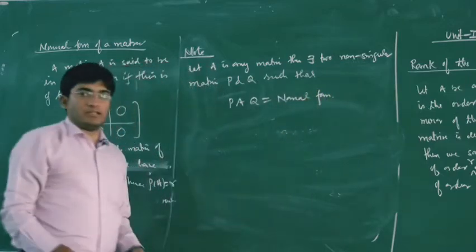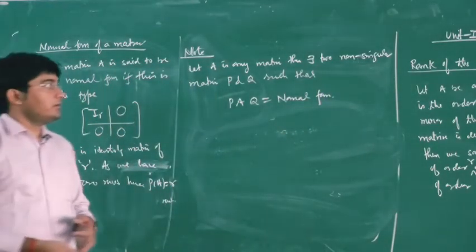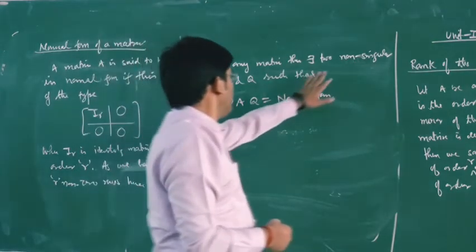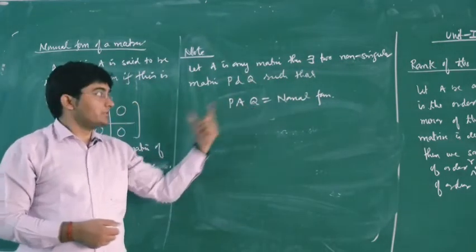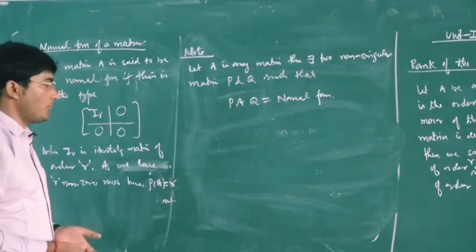So if A is any matrix, then there exist two non-singular matrices, capital P and capital Q, such that their product is equal to the normal form.